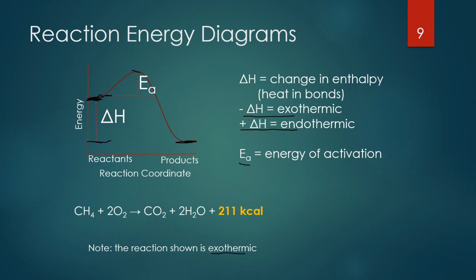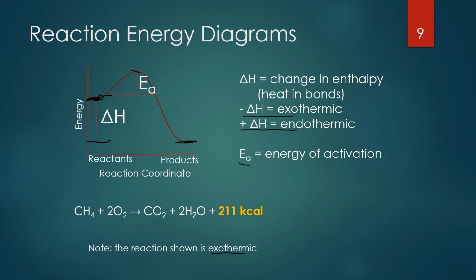How do I know that? Well, by looking at the diagram, I can figure out if the enthalpy is going to be negative or positive, because my reactants are higher in energy than my products. So if my products are lower in energy, say they have an energy of 5, well, my reactants are way higher, so let's say their energy is 15.